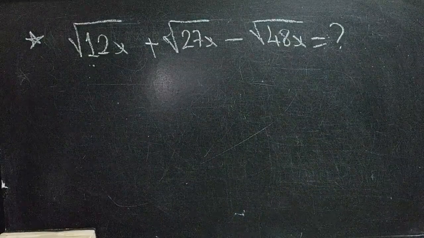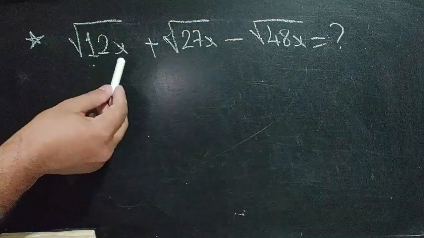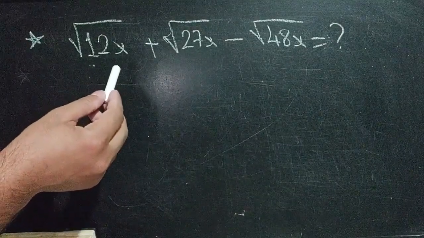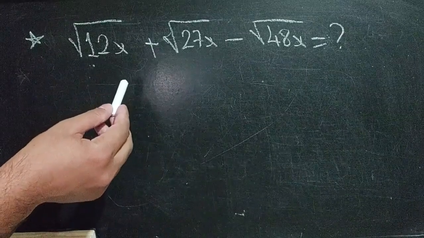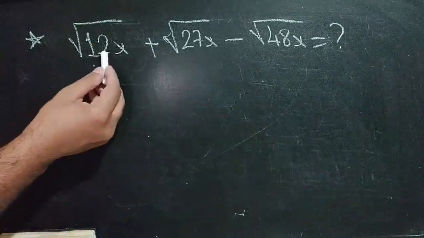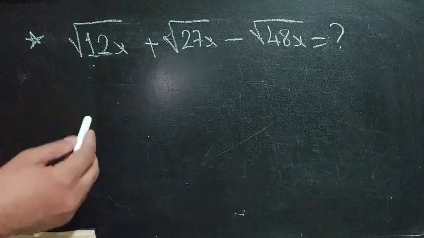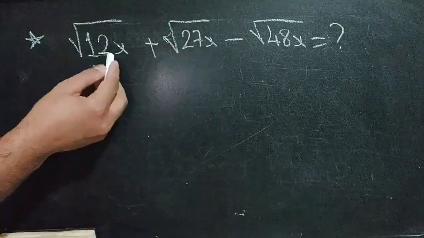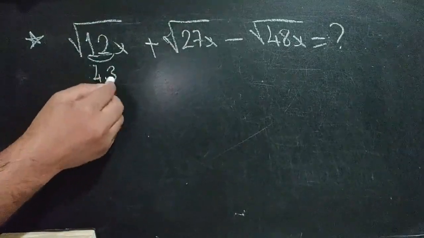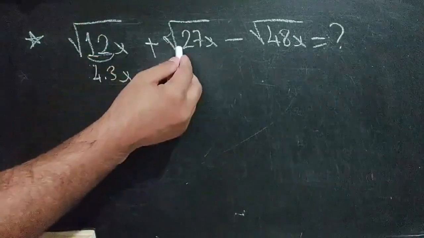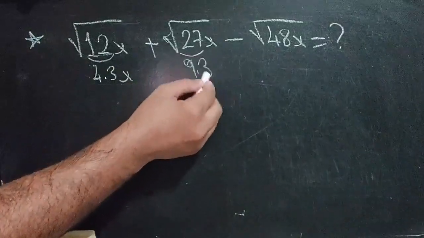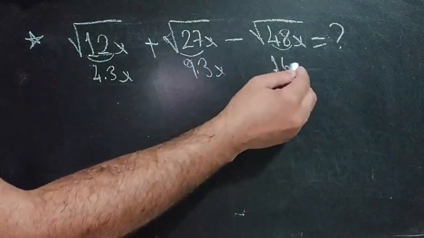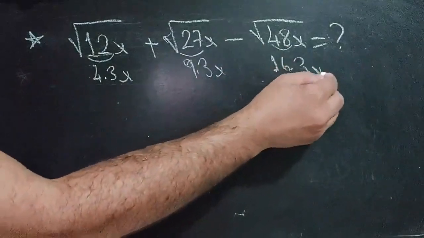Alright, now my next question is square root 12x plus square root 27x minus square root 48x. So remember, when we can't take the numbers out, I look for their factors to take them out. For 12 I will have 4 times 3x, then 9 times 3x, and 16 times 3x.